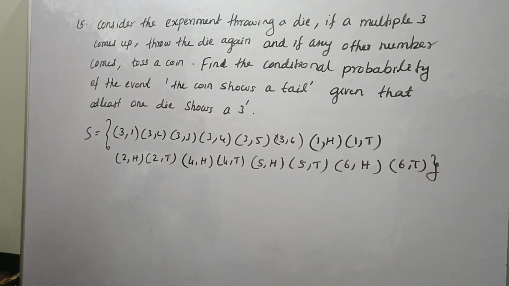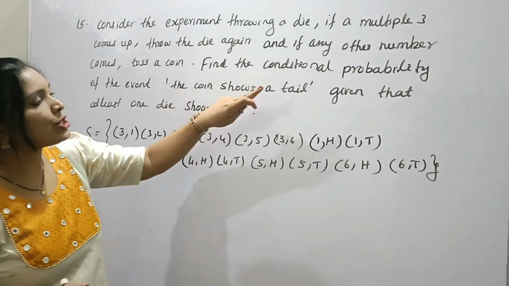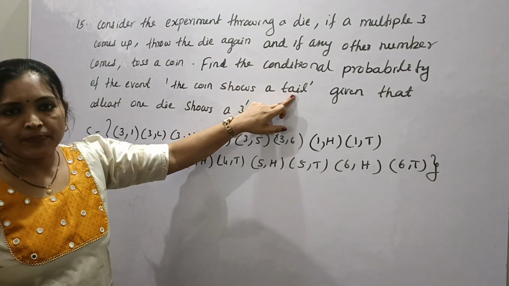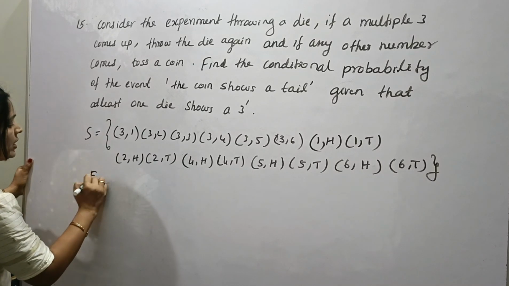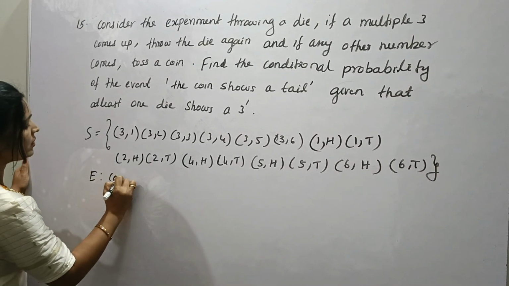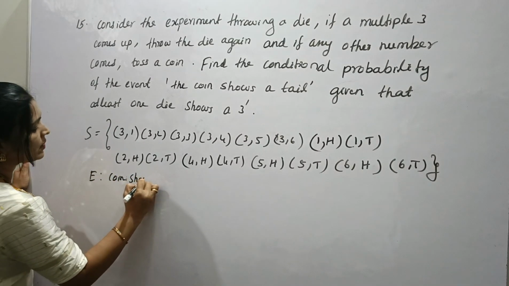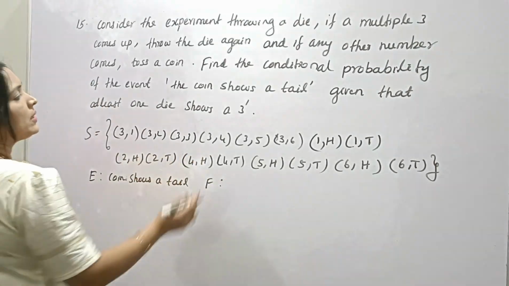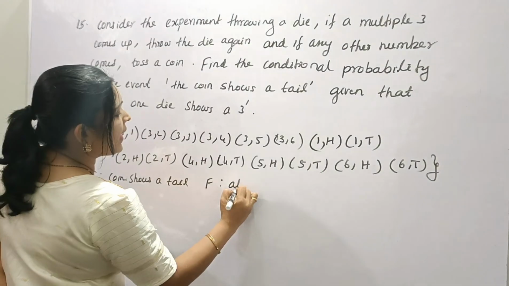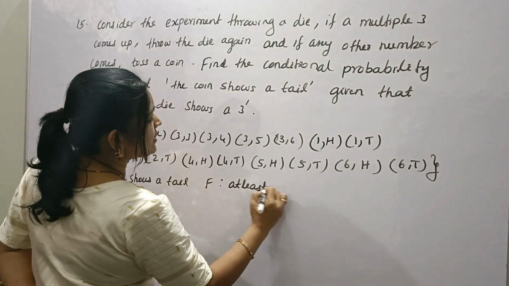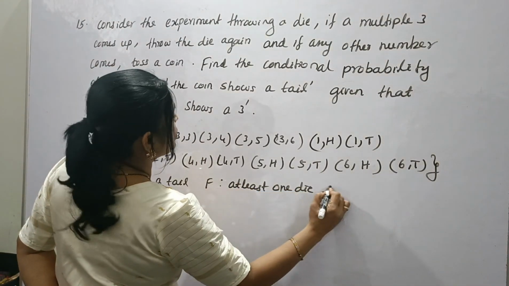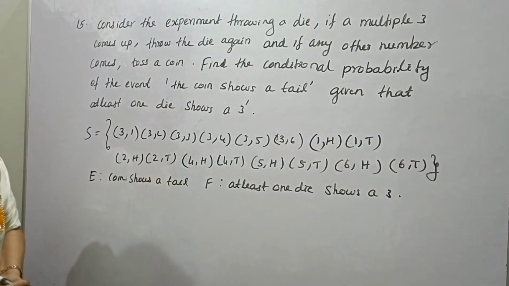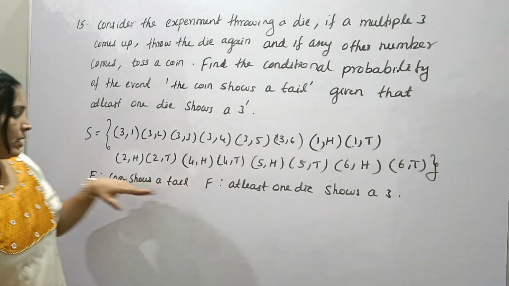Now, here we have to find the conditional probability of the event that the coin shows a tail. So let E be the event coin shows a tail, and F be the event at least one die shows a 3. Look carefully.